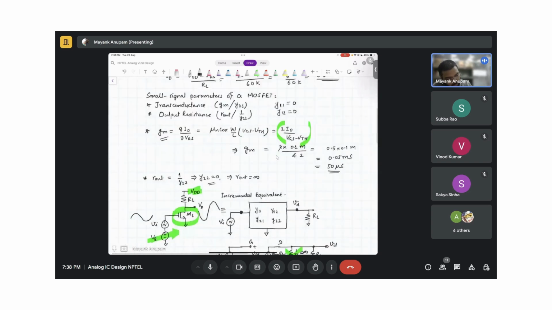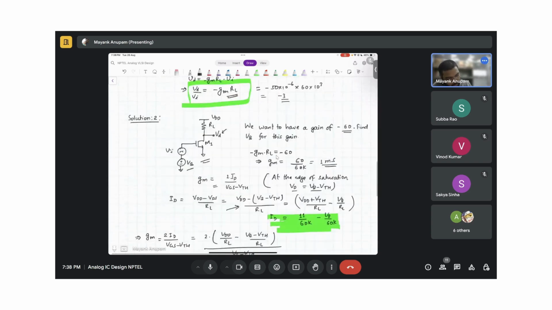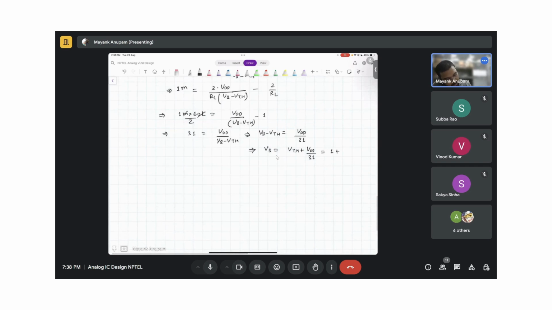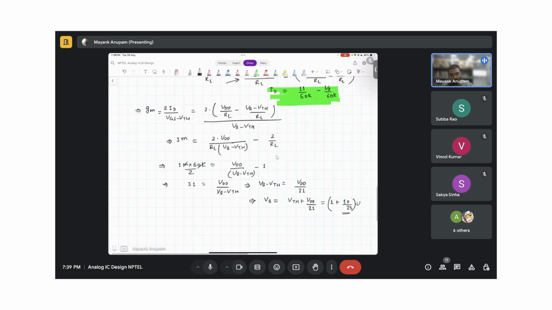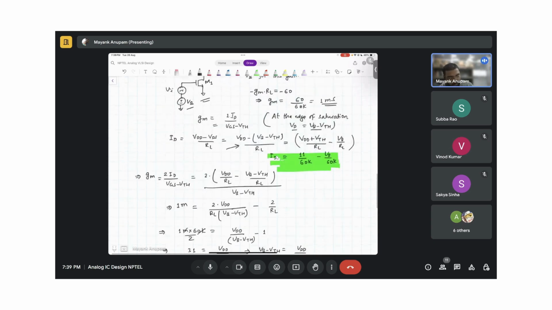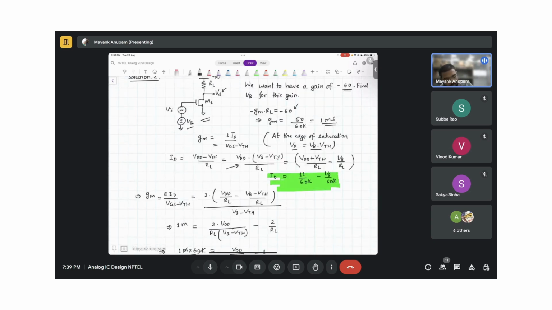So what is VDD? 10 upon 31, right? This is the voltage. If you have this VB, then you will be having a gain of how much? 60, right? Got the point?